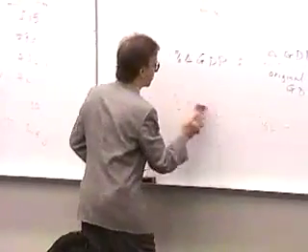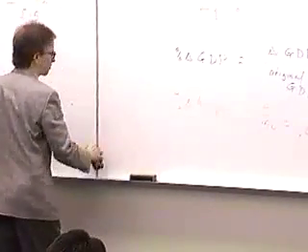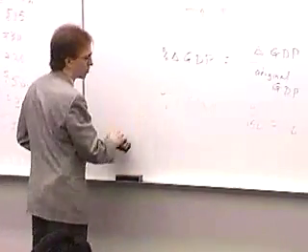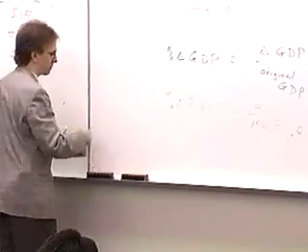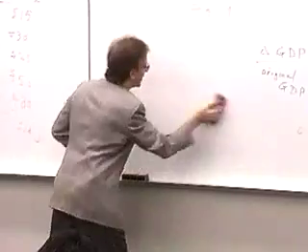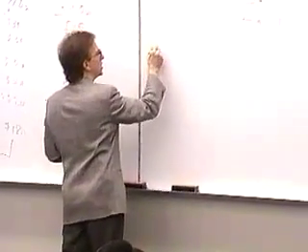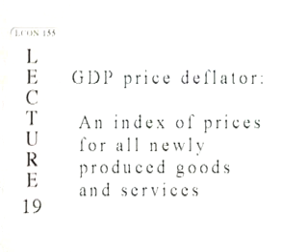Let me throw up another term here that now that we've got all these real and nominals straight, we can talk about the GDP deflator. I'll call it a price deflator. And I'm going to use this kind of a funny looking P there to be that price deflator.